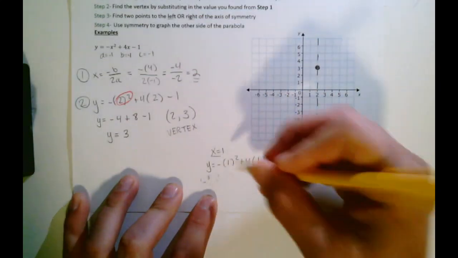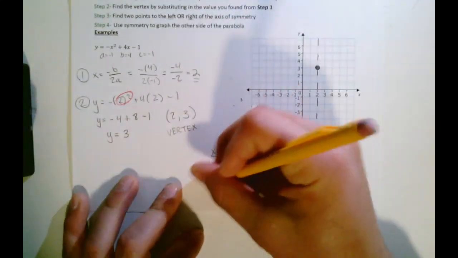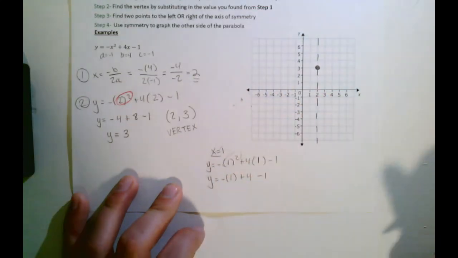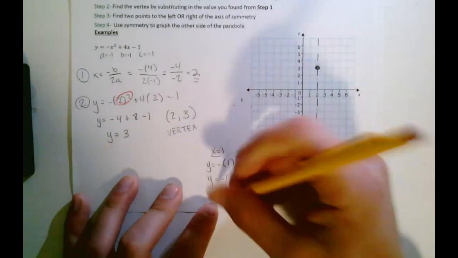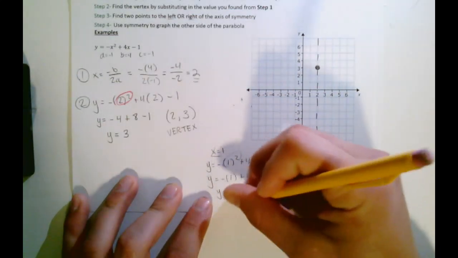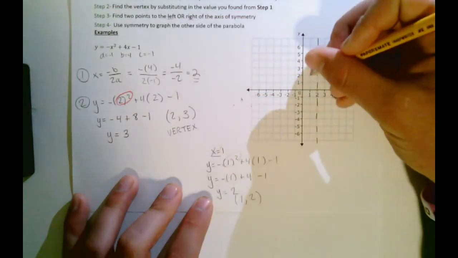Now I'm going to simplify using PEMDAS. Remember, exponent first. So that gives me y equals -1 plus 4 minus 1, so when I simplify I get 2. So I plugged in a 1, I got a 2, those are the coordinates of the point (1, 2), and I can plot it.